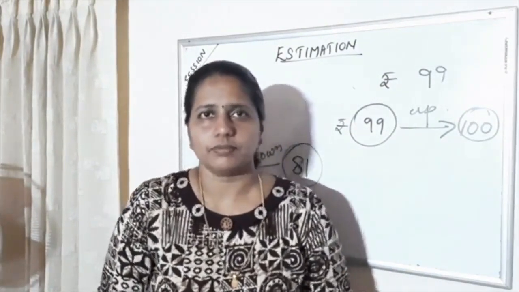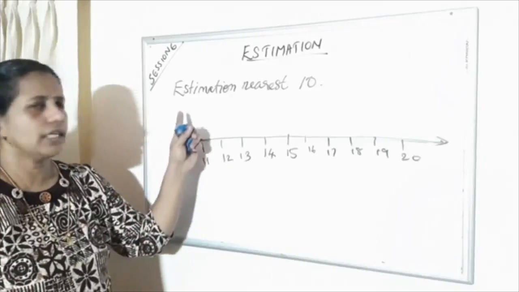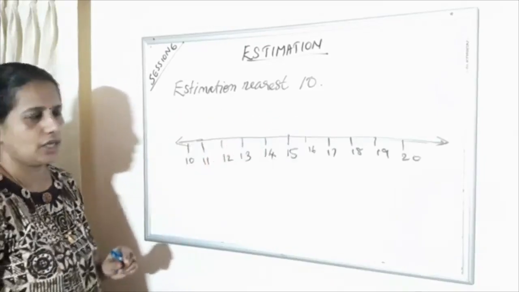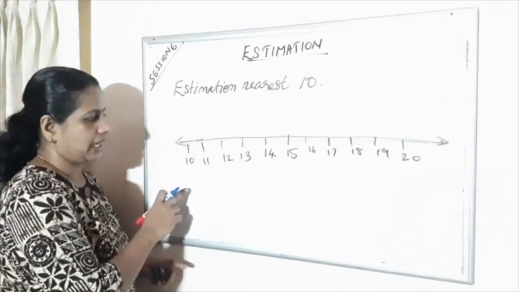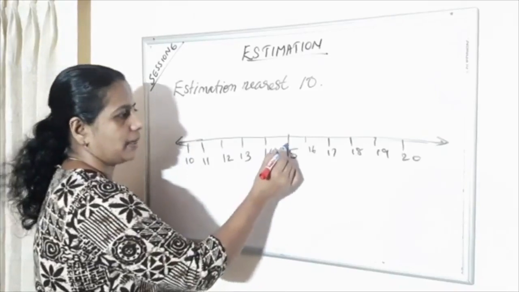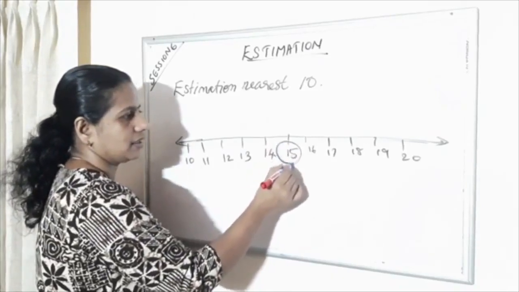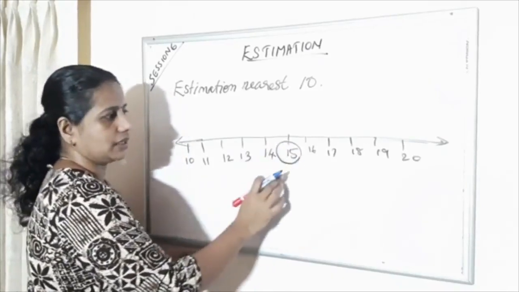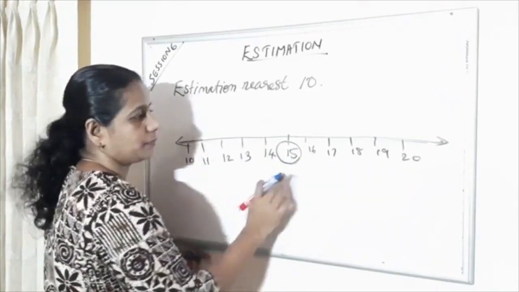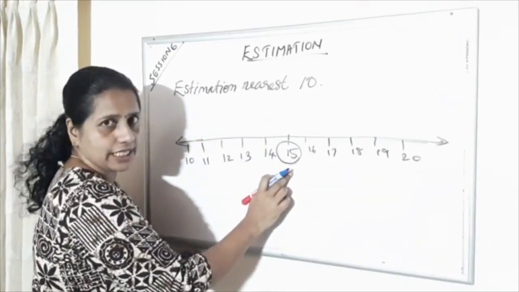Now we are going to study how to estimate a number nearest to 10. Look at this number line, 10 to 20. The number in the midway of these two numbers is 15.